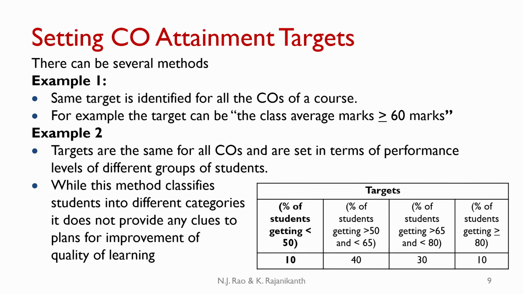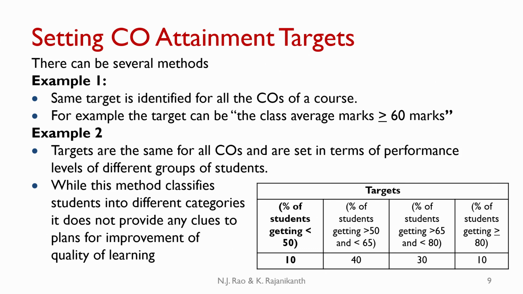Here we will discuss only 3-4 examples, but a still wider variety of setting the targets is possible. But what is important is that the institute as a whole must adopt one uniform way of setting the attainment targets. So, some of the methods can be as follows.